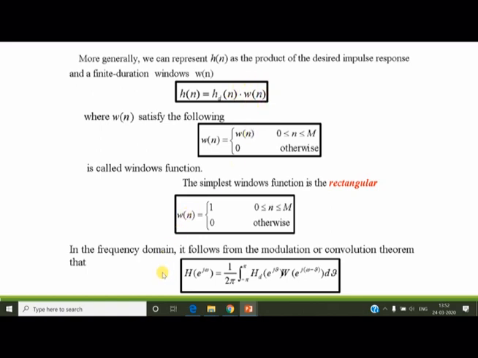So this is the expression, which is also called the modulation theorem or convolution theorem. This is the entire formula, and it ultimately means we are performing frequency domain convolution for this time domain multiplication.